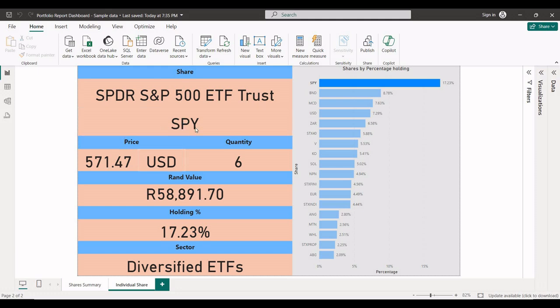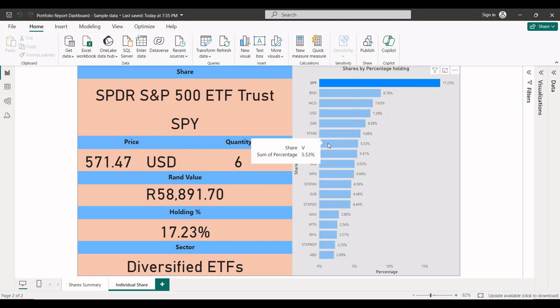And according to our tables, the price is $571.47, with a quantity of 6 shares being held, having a Rand value of R58,891.70, and the share is 17.23% of our total holdings, and it is classified in the diversified ETFs sector.